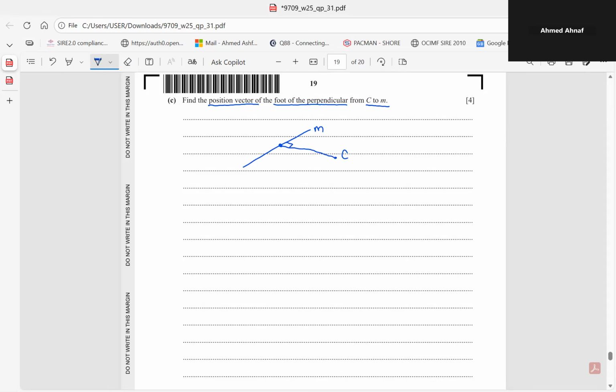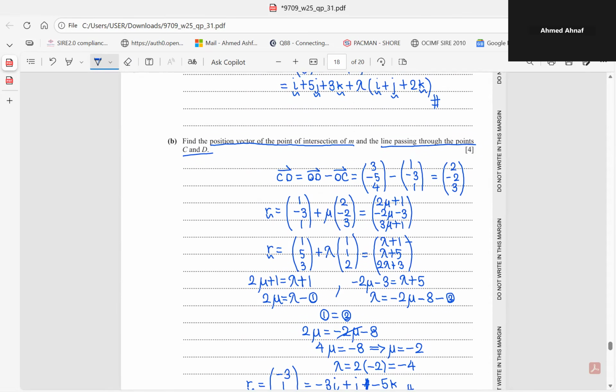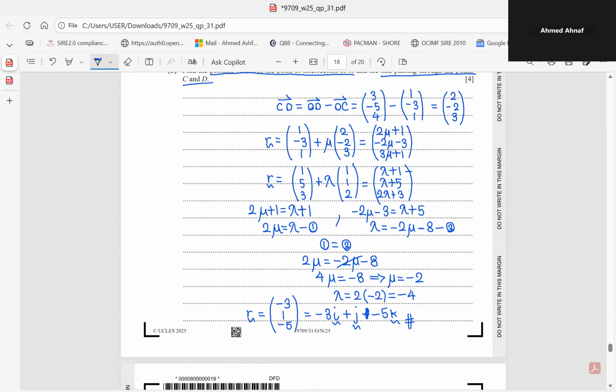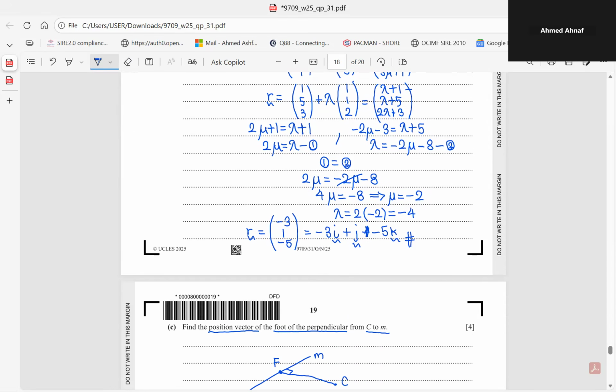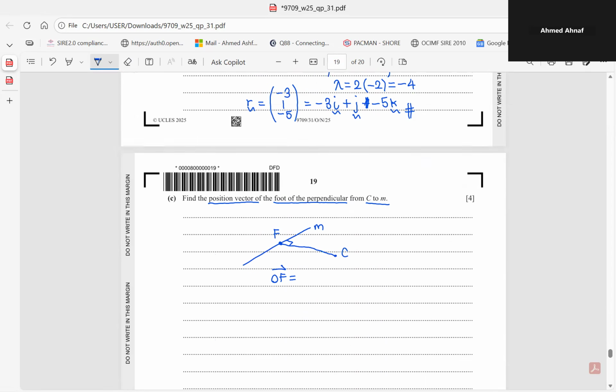Okay, so to do that, we're going to let this intersection point be F. Okay, so we're going to let F be a generic point on M. So OF would just be the generic point, which we found in the previous part. Yeah, so that's what the vector equation of a line represents, a generic point along the line.